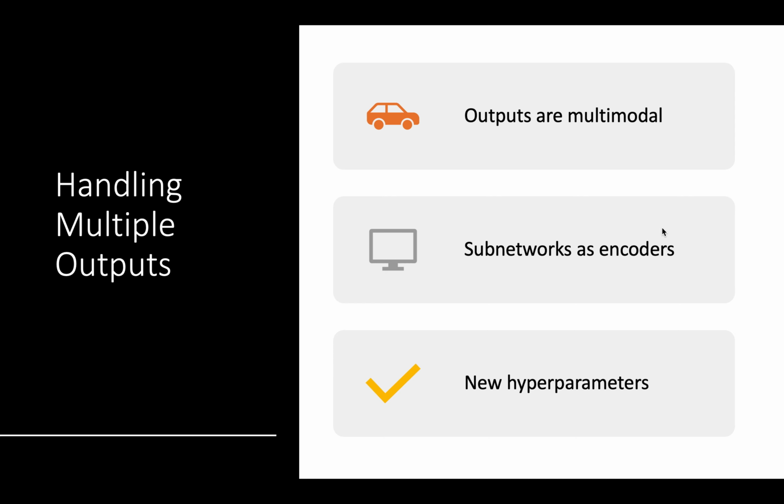To handle a situation like this, you can create one subnetwork that would work as an encoder. It will read the input image using, for example, one or several convolutional layers, and the encoder's last layer would be the embedding of the image. Then you add two other subnetworks on top of that embedding layer.